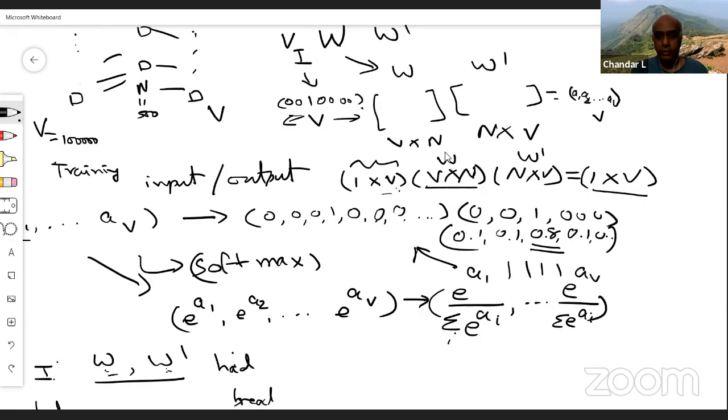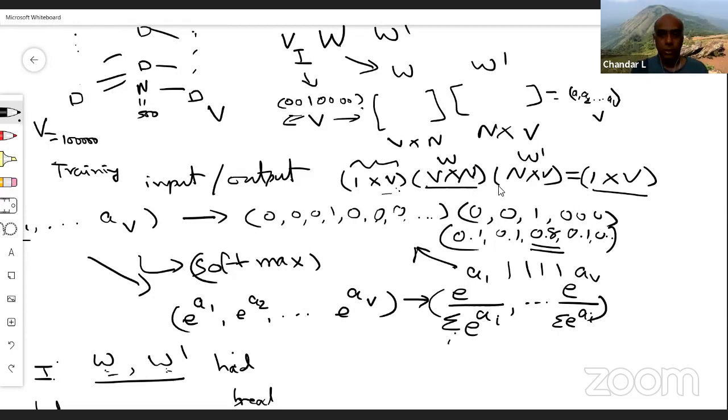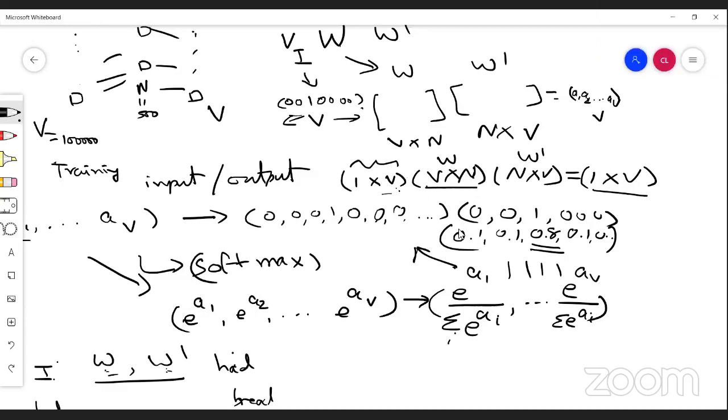Usually the way the training works is we iteratively figure out the weight matrix which is going to achieve the output that we want. In any neural network, it uses gradient descent to gradually reach the ideal W and W dash. Right, so in neural networks you know the answer, but then you try to design W and W dash so that you approach close to the answer.